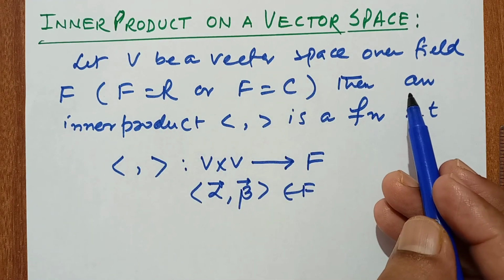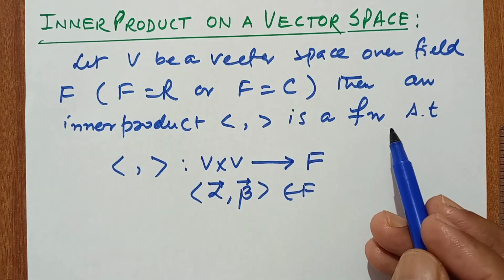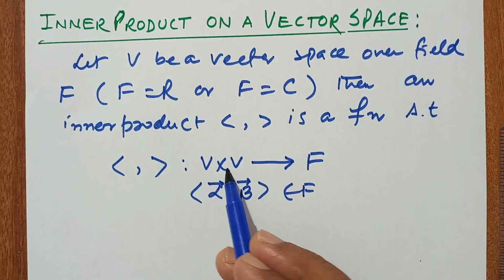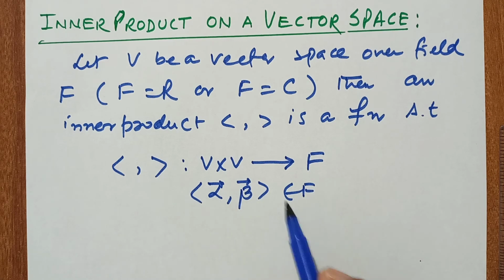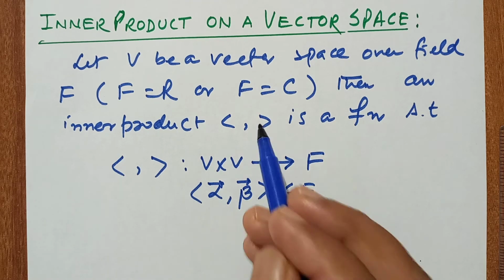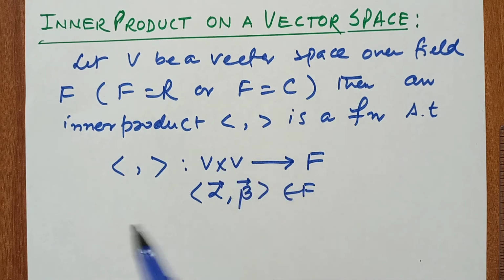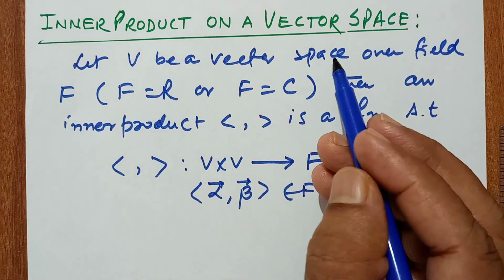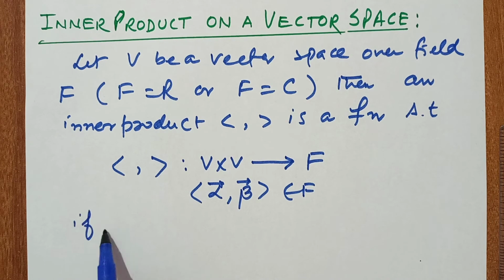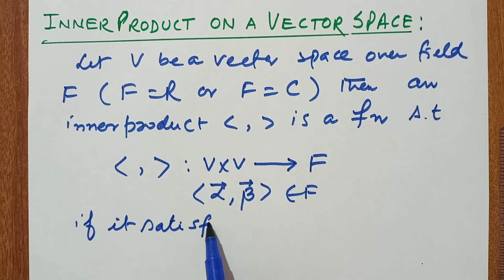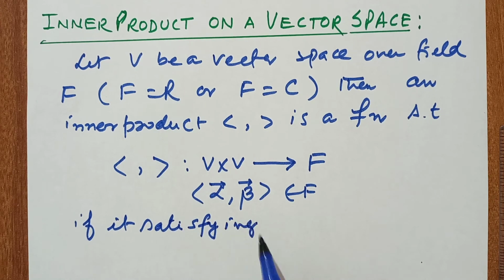Then an inner product is a function from V cross V to F, meaning the inner product of alpha and beta belongs to F. This is a scalar quantity. So this function is called an inner product on V if it satisfies the following properties.